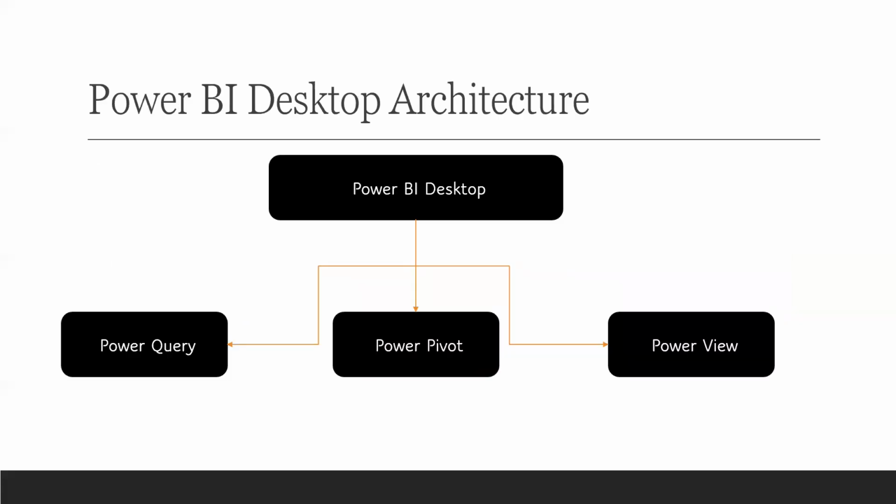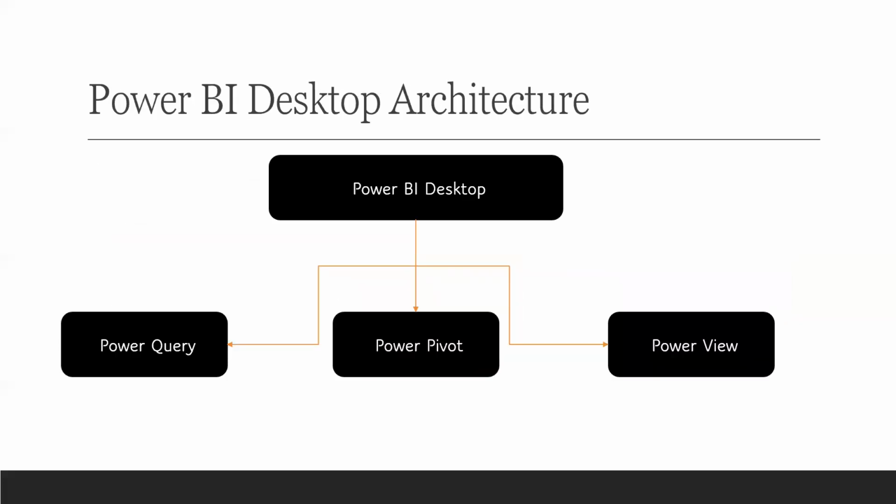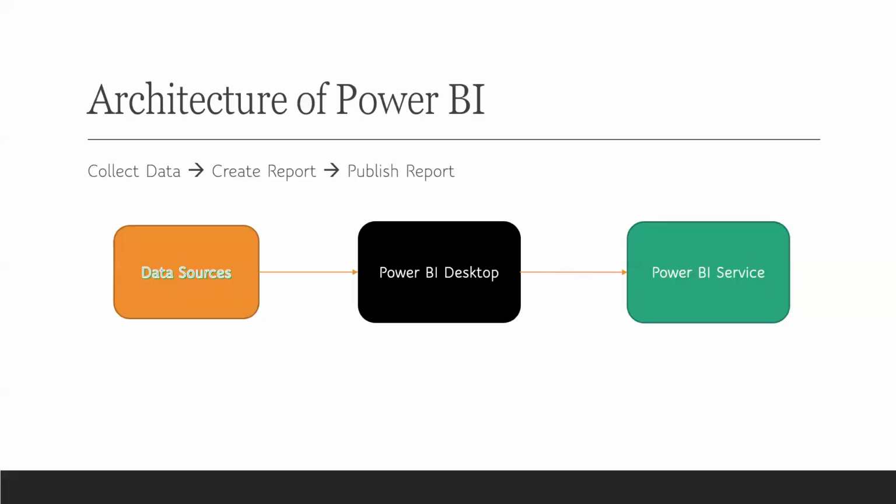Okay. So I'm going to come more to Power BI Desktop. We are going to work more with Power BI Desktop. Power BI Desktop is a tool that you can install on your computer. But when you publish the report, it goes into the cloud. That's the green Power BI Service.